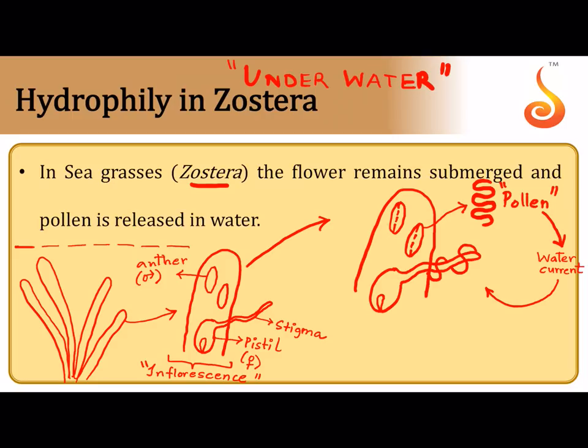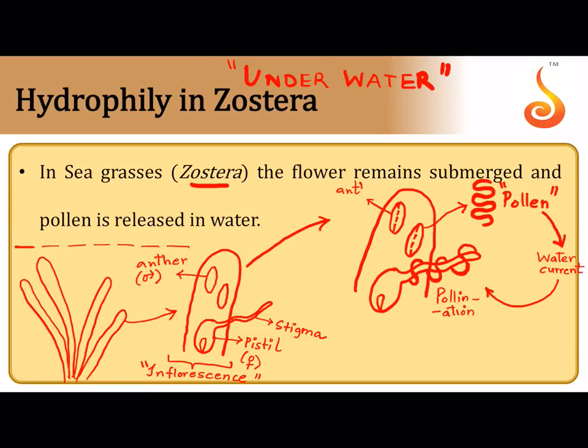See how it is coiling around the stigma. And that means what has happened? Pollination has happened. Yes or no? So the pollen grain which was released by the dehiscence of, please remember, these male flowers are highly reduced.